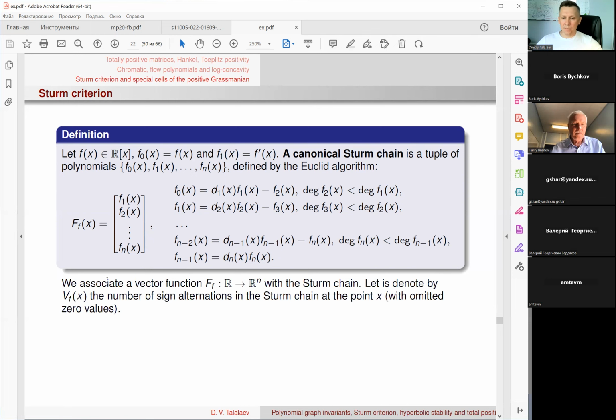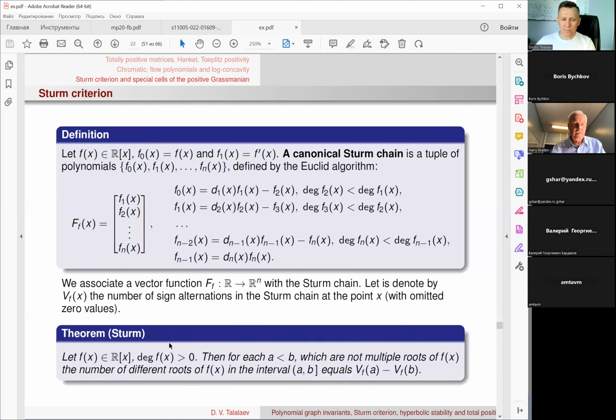Then we define a number V_f depending on x, which is just the number of sign alternations in the Sturm chain, in this sequence of functions at the point x, and we omit 0 values.